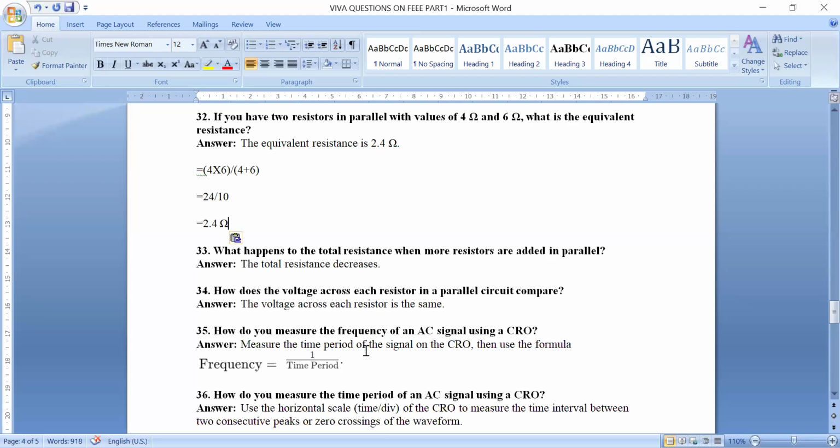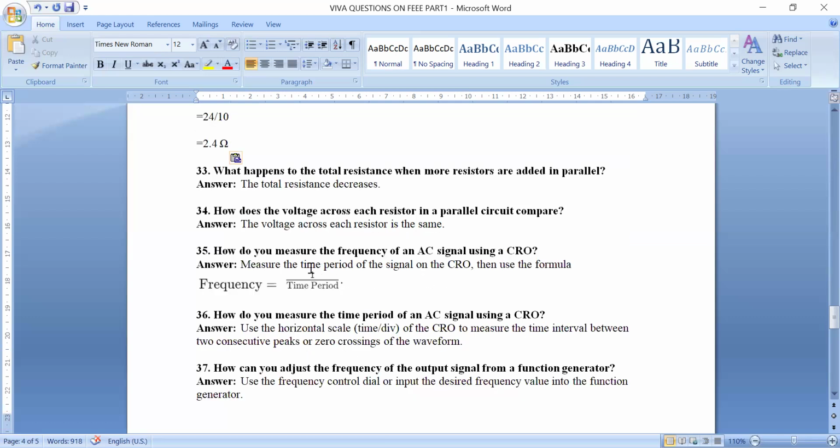How do you measure the frequency of an AC signal using a CRO? We should use the formula, frequency is equal to 1 by time period. So how to measure the time period? First, you should measure the time period of the signal on the CRO. Then after measuring the time period, use the formula to find out the frequency. How do you measure the time period? First you should use the horizontal scale, that is time per division knob of the CRO, to measure the time interval.